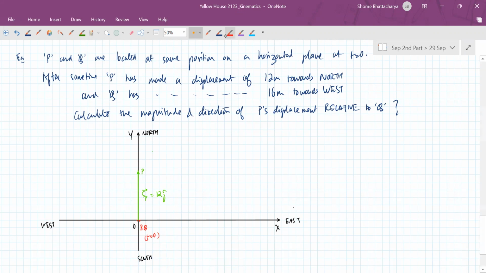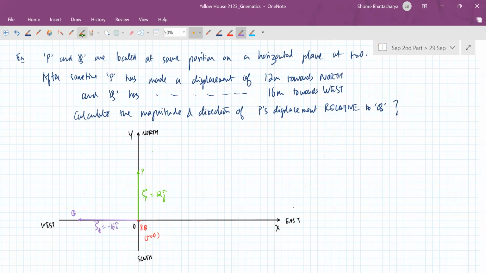And in the same amount of time, Q is making a displacement of 16 meters towards west. So Q is ending up here, minus 16 i cap.